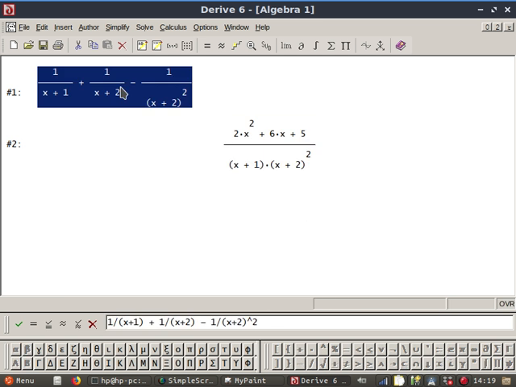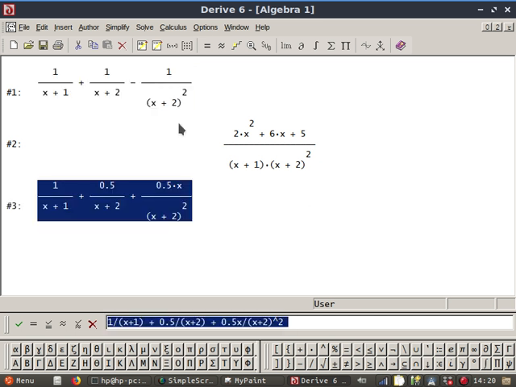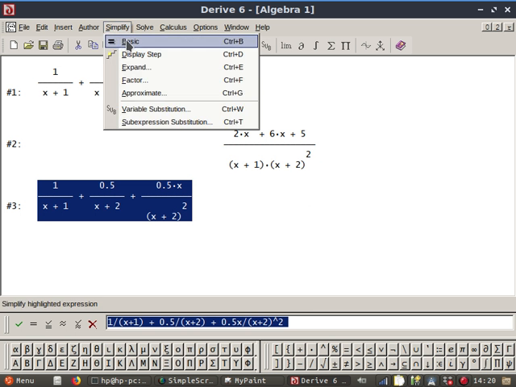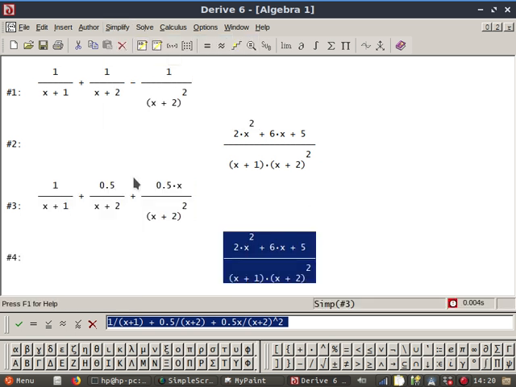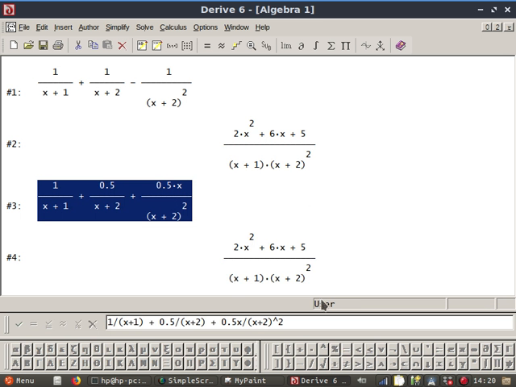So we agree that this is a correct representation of the question. Right, well, let's see the second one. 1 over x plus 1 plus a half over x plus 2 plus a half x over x plus 2 squared. Right, let's add these together now. And we get the same thing. So again, this is a correct representation of the question.